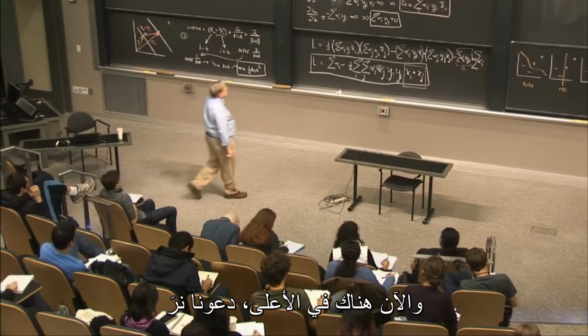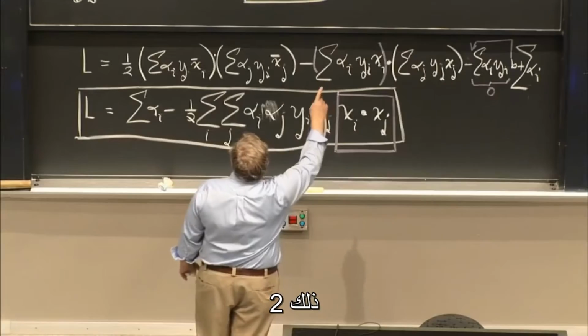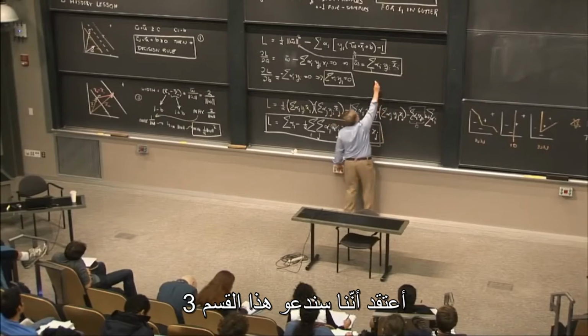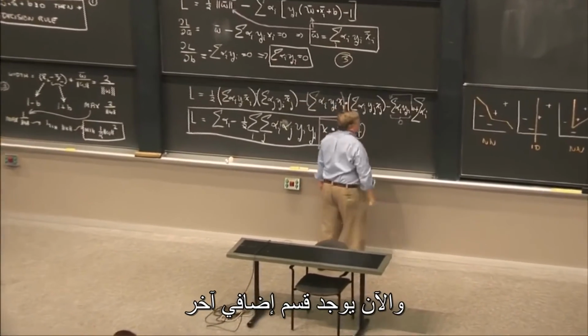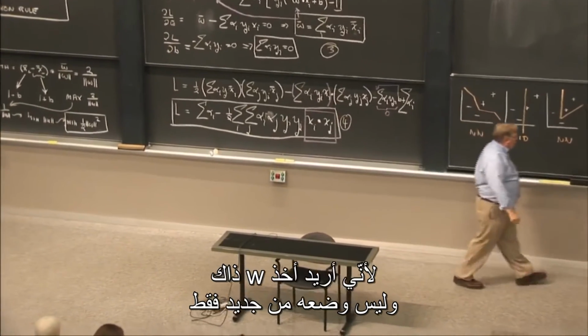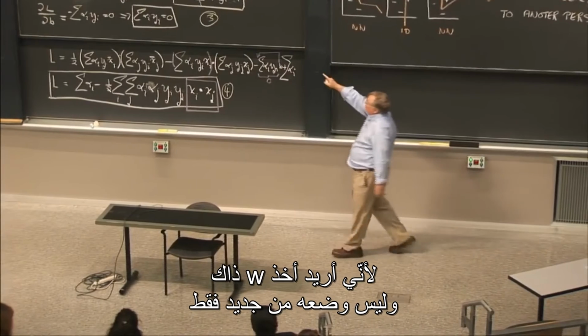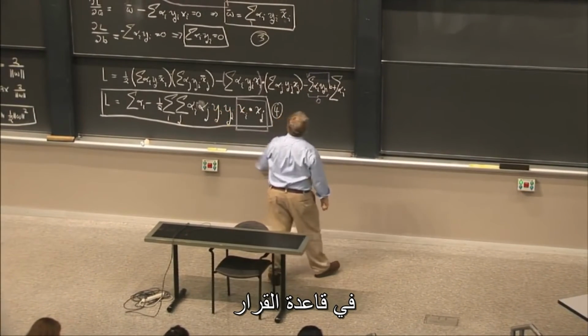Now up here, let's see, what do we call that one up there? That's 2. I guess we'll call this piece here 3. This piece here is 4. And now there's one more piece, because I want to take that W and not only stick it back into that Lagrangian, I want to stick it back into the decision rule.